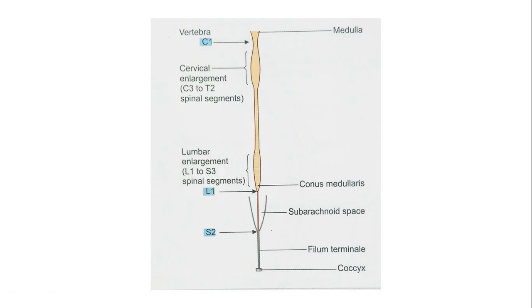Here the pia mater fuses to form a fibrous structure that extends from the apex of the conus medullaris to the dorsal surface of the first coccygeal vertebra. So this is called filum terminale. So this filum terminale holds the spinal cord in position, so it helps in supporting the spinal cord.